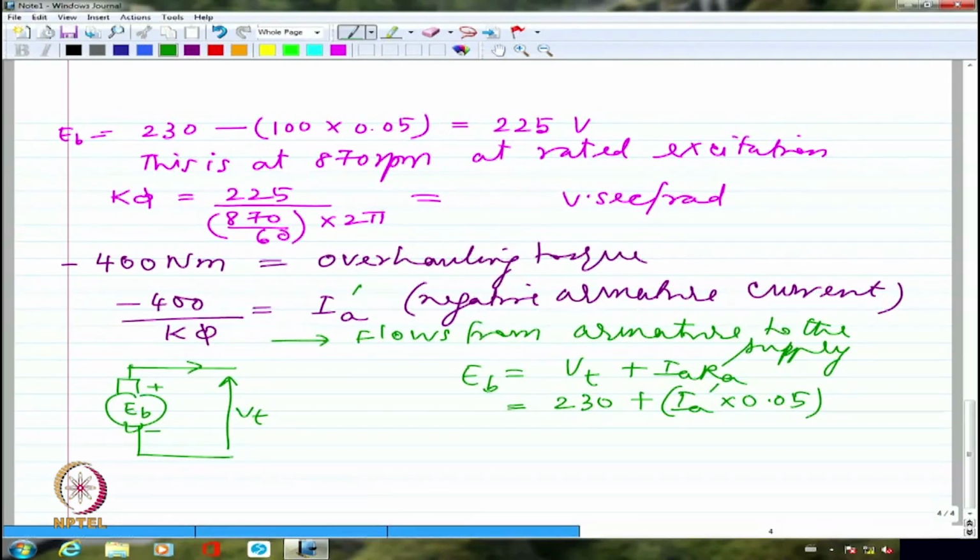It cannot go beyond 230. Only because of that regenerative braking is taking place. If I don't have a variable voltage, the only way it can work is having the terminal voltage as a constant, which is what happens in most of the DC motor drives.